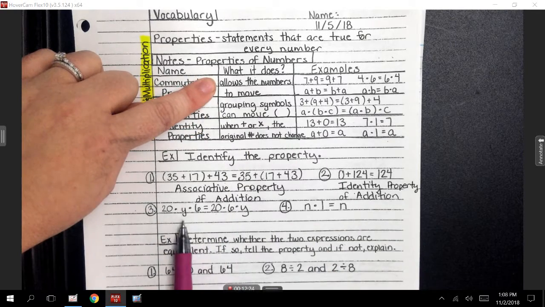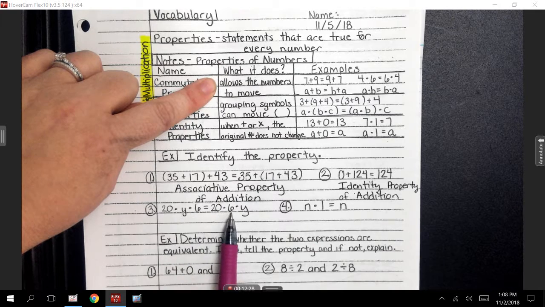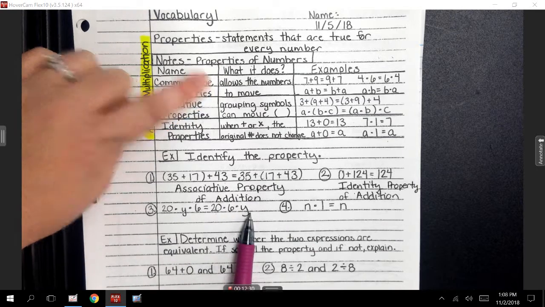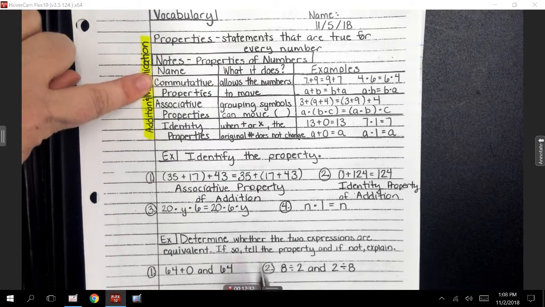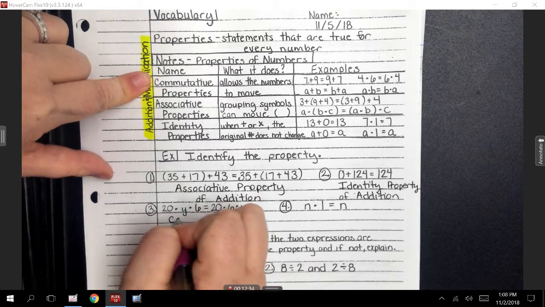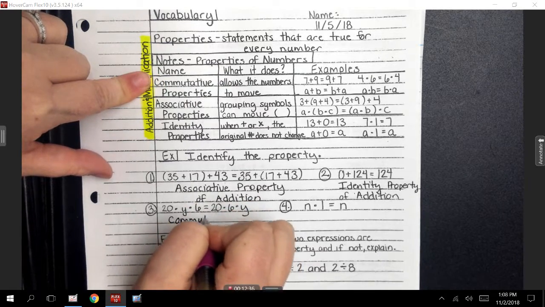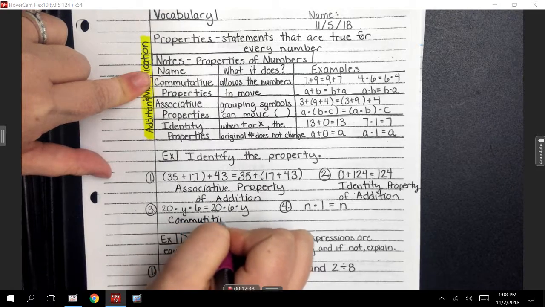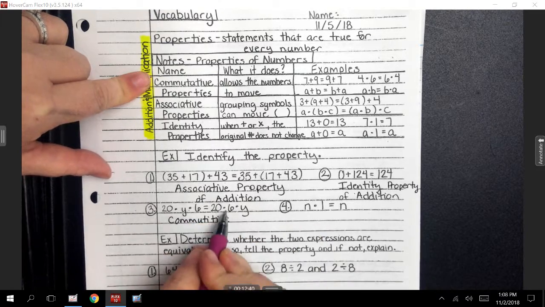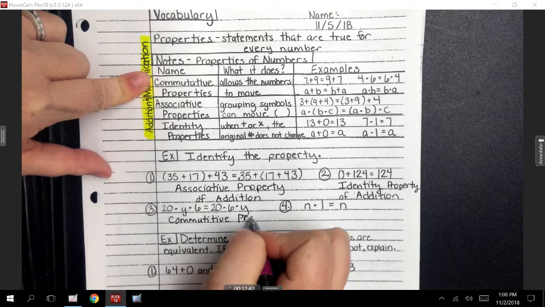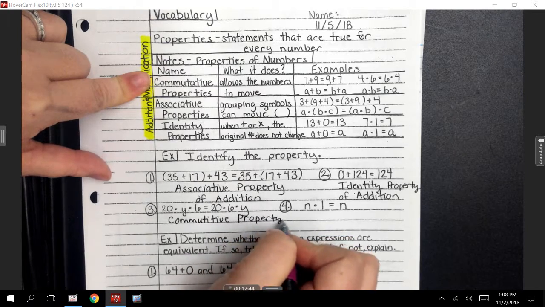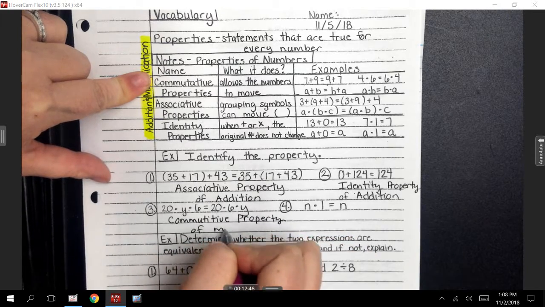Did the numbers move? Look at the y and the 6. Do y'all see that? My 6 moved to the center and y moved to the end. So that's going to be my commutative property of multiplication, because we're multiplying.